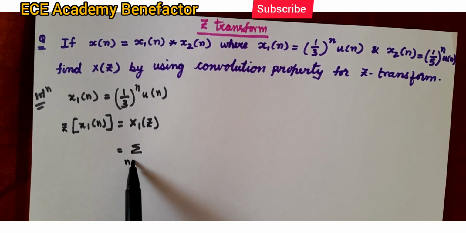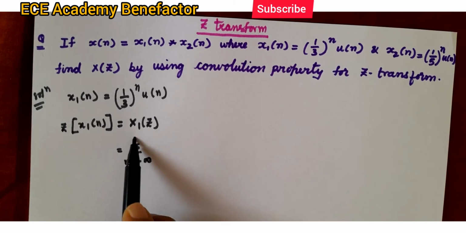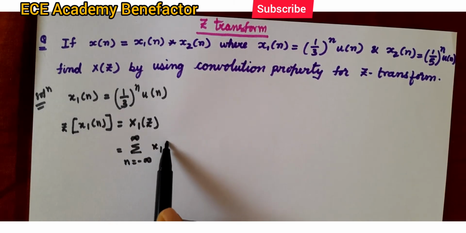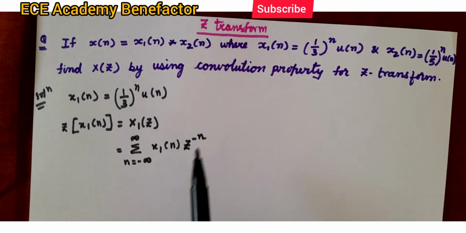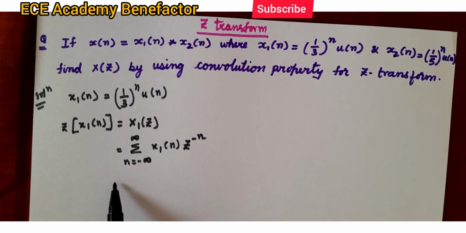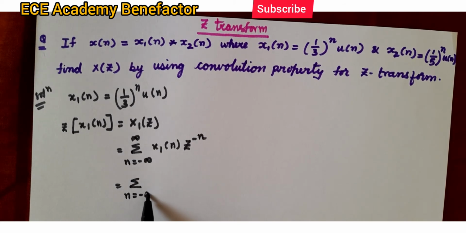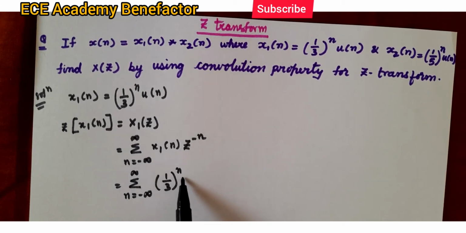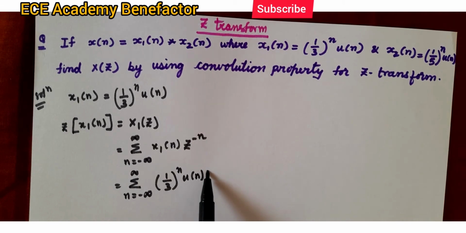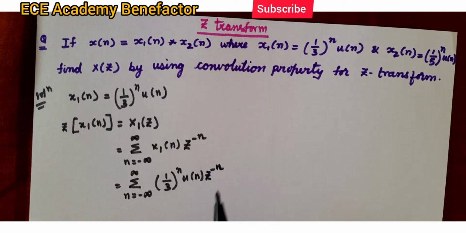Summation n equals minus infinity to infinity x1 of n z to the power of minus n, which is equal to summation n equals minus infinity to infinity of (1/3)^n u of n z to the power of minus n.